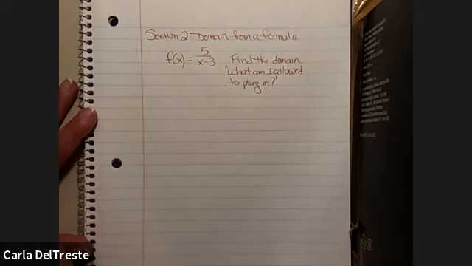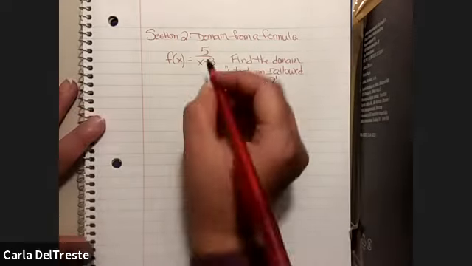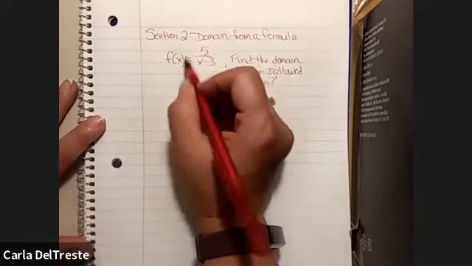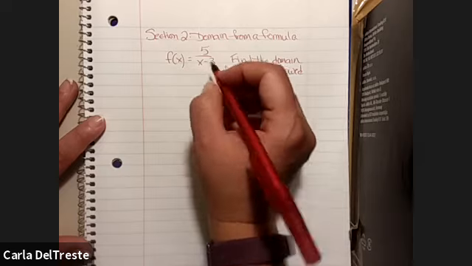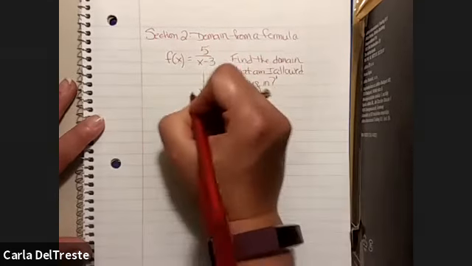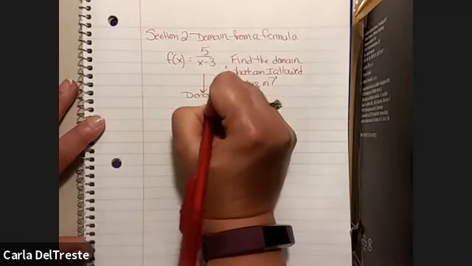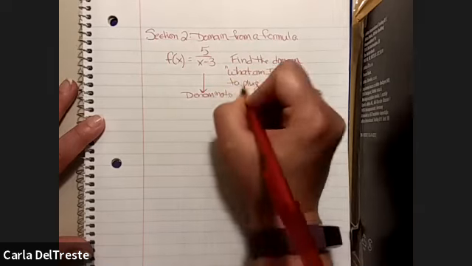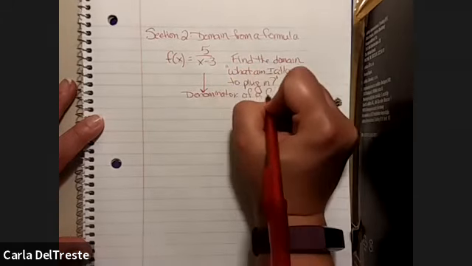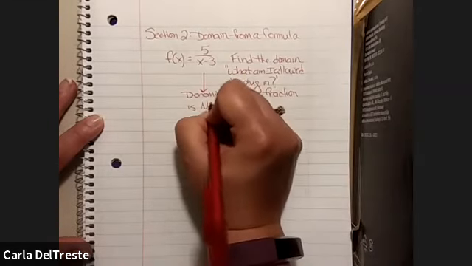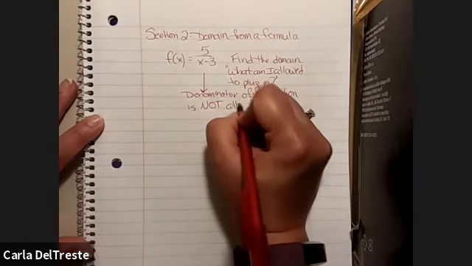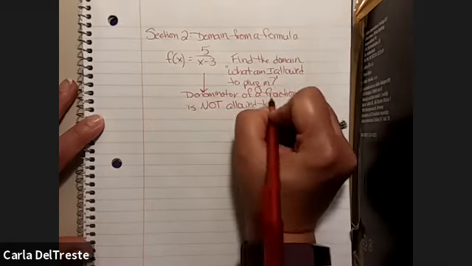Well, there are restrictions here of what you're allowed to plug in, because remember, this is a fraction. The denominator of a fraction is not allowed to be 0. Let's remind ourselves of that. The denominator of a fraction is not allowed to be 0.